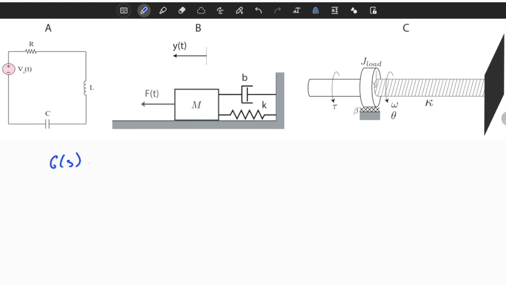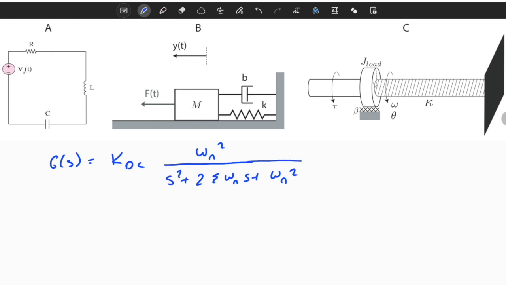G of S is equal to some constant, we can call it a DC gain or something else, times omega n square over S square plus 2 zeta omega n S plus omega n square. Which means that the numerator dynamics is constant for this type of systems, and the denominator is a second order system, and instead of writing these coefficients separately, we can write it in this form.